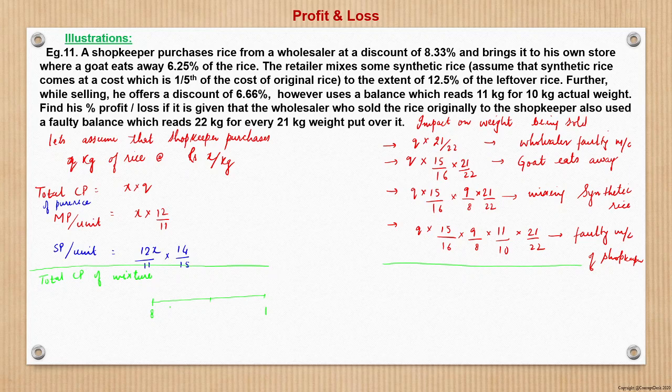So the difference is 8 plus 1, 9. So we will multiply this here 45 and 9. What I have done here: 8 unit is the quantity of original rice, 1 unit is of synthetic rice. The original rice is 5 times the synthetic rice. Synthetic rice costs 1/5 of the cost of the original rice.